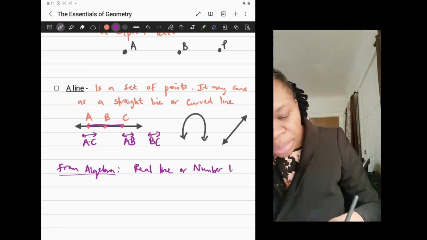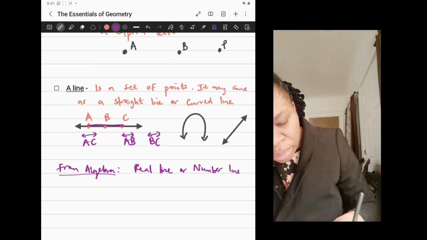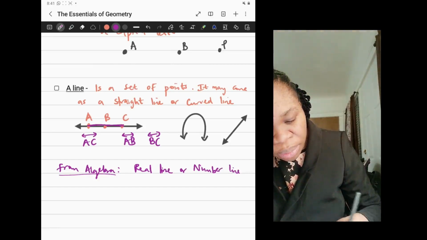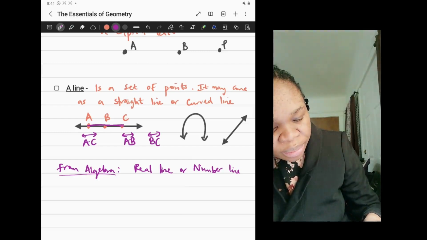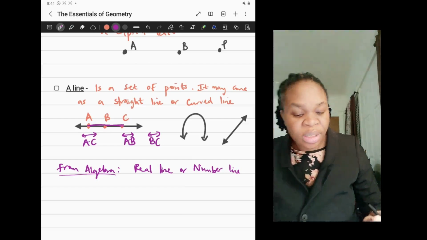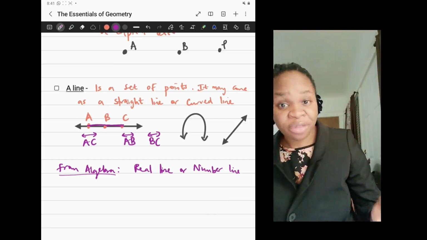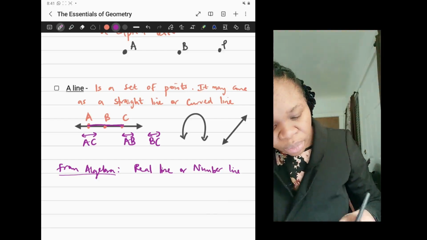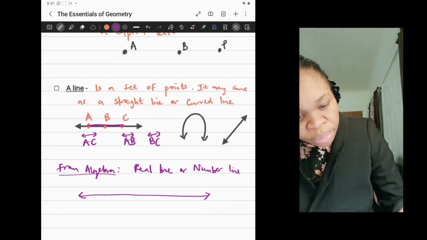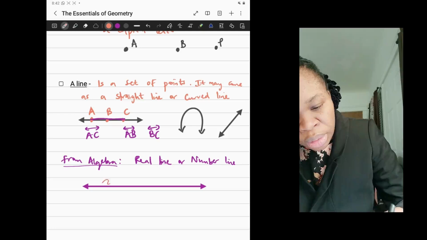Recall from algebra, we have what we call a real line, or you can say number line. The only difference is that on this line you have numerical values, unlike the first example we did that we have alphabet. So it's still the same thing. We have this line here, and we have points.